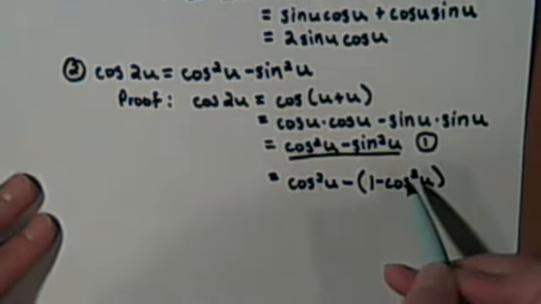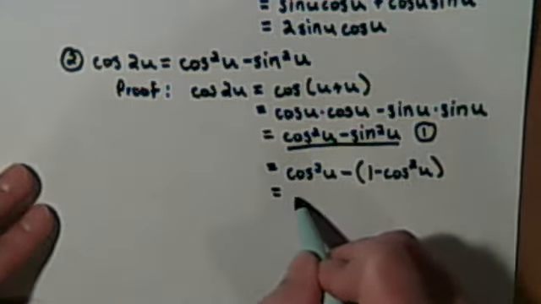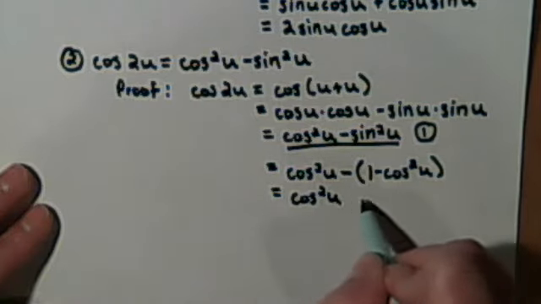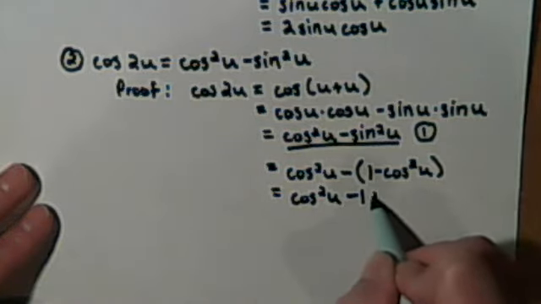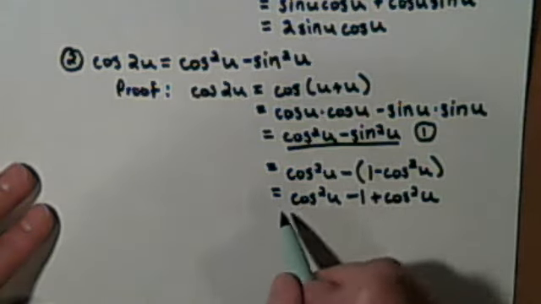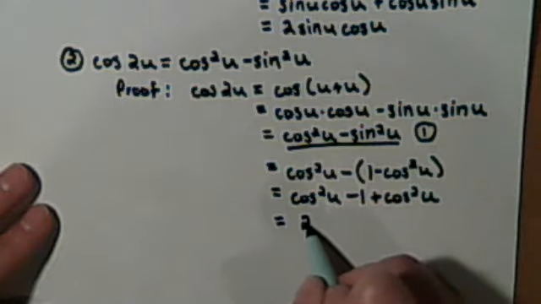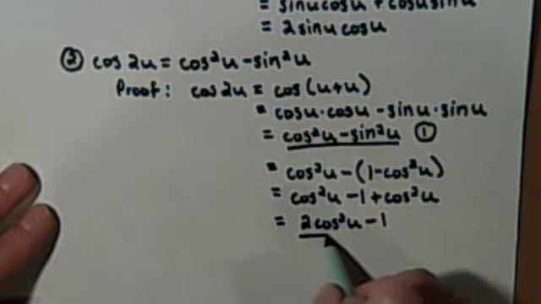Again, it's important to look at it in parentheses because we are subtracting both the 1 and the cosine squared u. And this becomes cosine squared u minus 1 plus cosine squared u. So another version of cosine 2u that we can come up with is 2 cosine squared u minus 1. So that's another way it can be written.